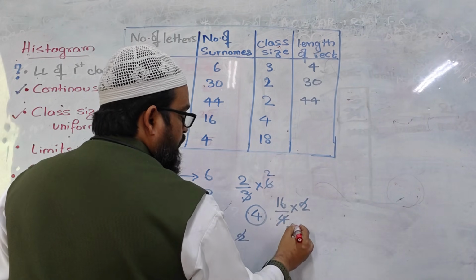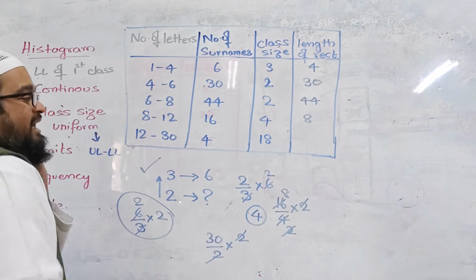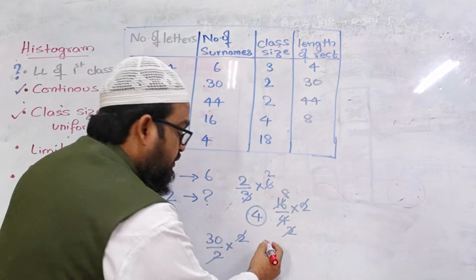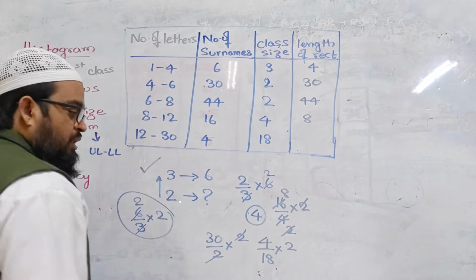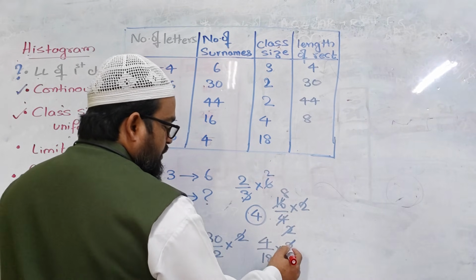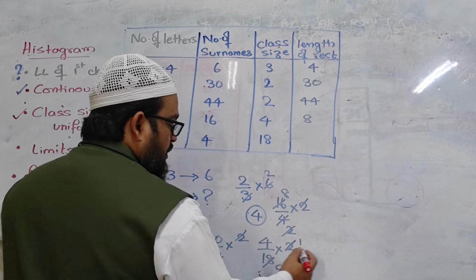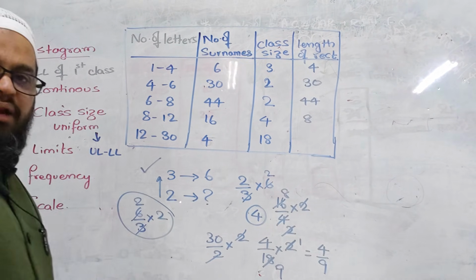So 2 twos are 4, 2 fours are 8. It will be 8. And 4 by 18 into 2. Are you able to see? 2 ones are 2, 2 nines are 18, so that is equal to 4 by 9. It is 4 by 9. Okay?